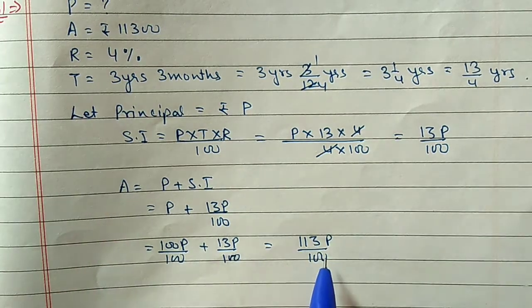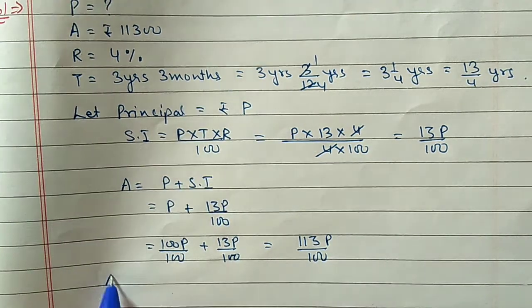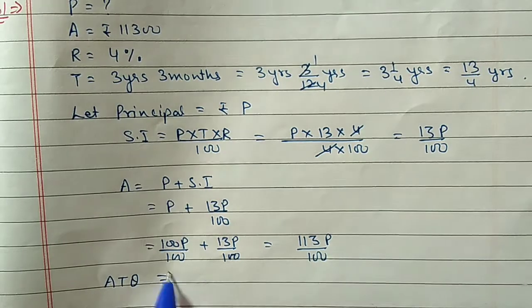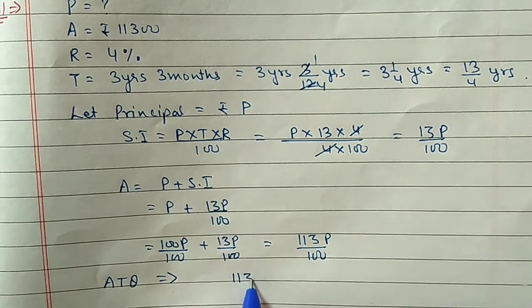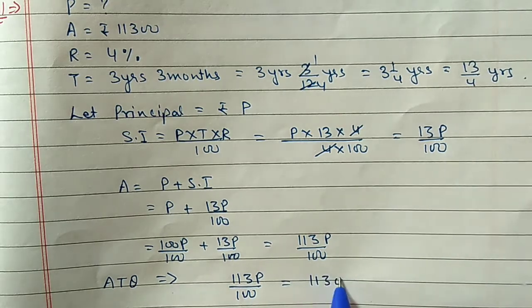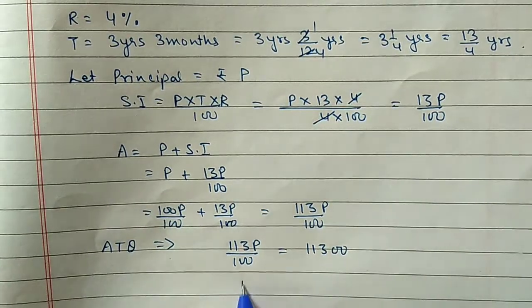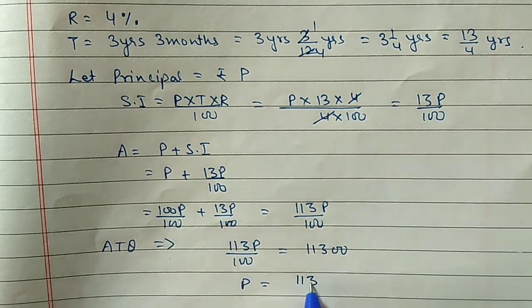According to this, the amount is this one, and in the question it is given 11,300. So we can equate both amounts. Now according to the question, this should be equal to 11,300.